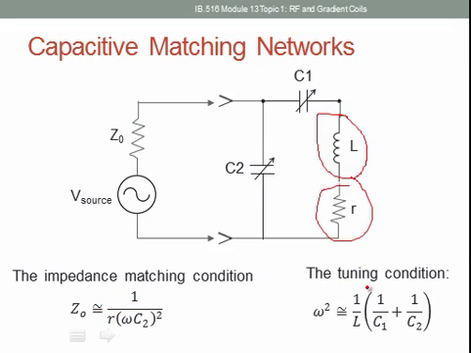The tuning condition happens when you have this situation. So you can see the need. Usually L is fixed. So if L is fixed, then in order to tune the coil, you can see that we need to change C1 and C2. So we need to be able to do that manually.